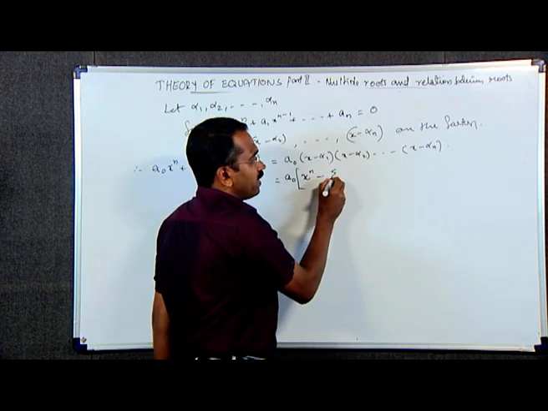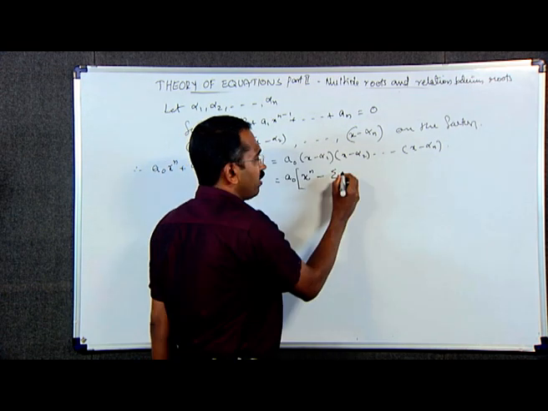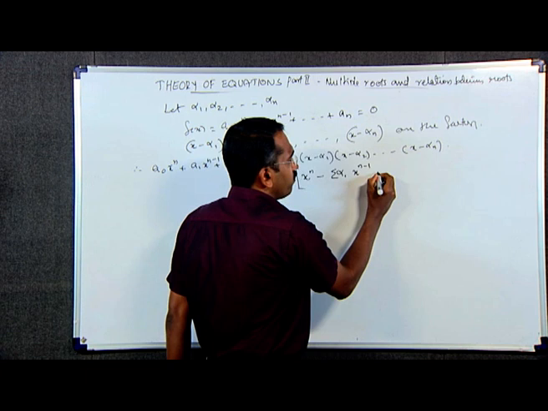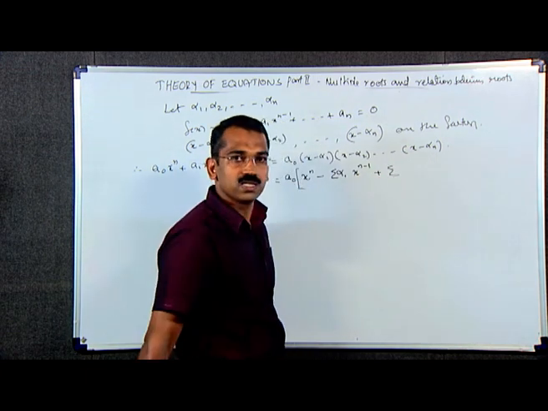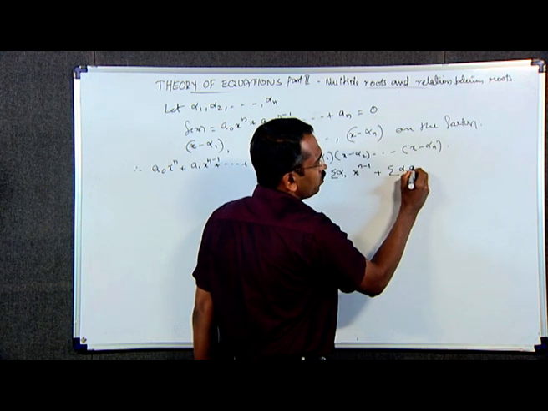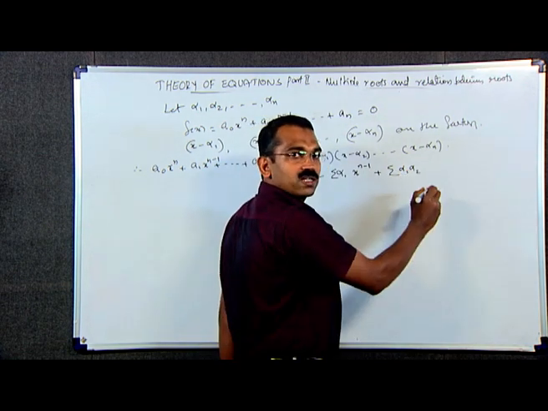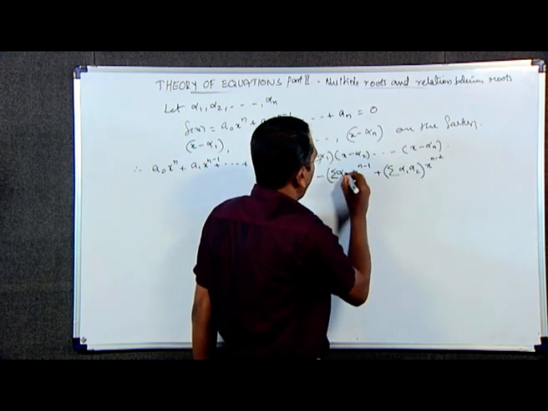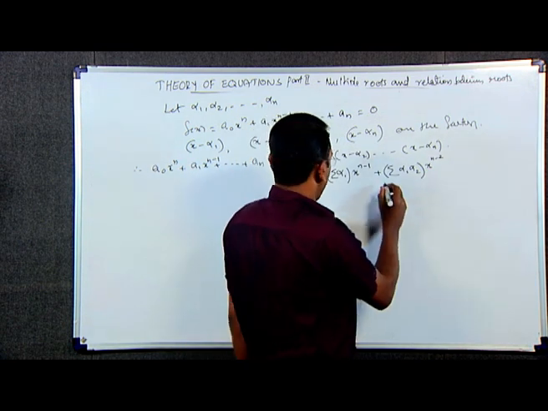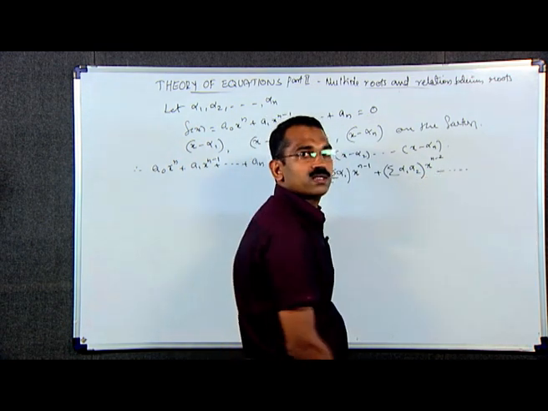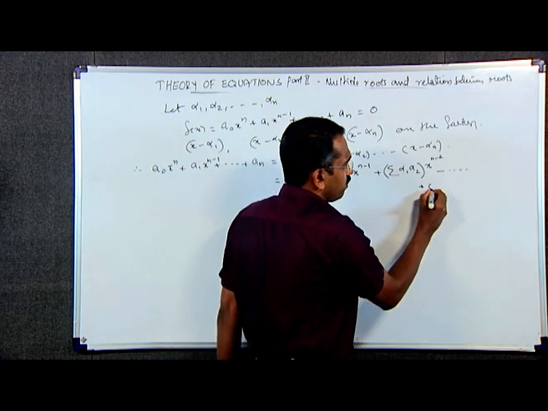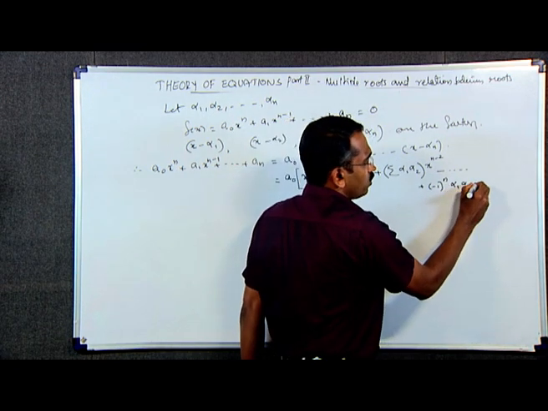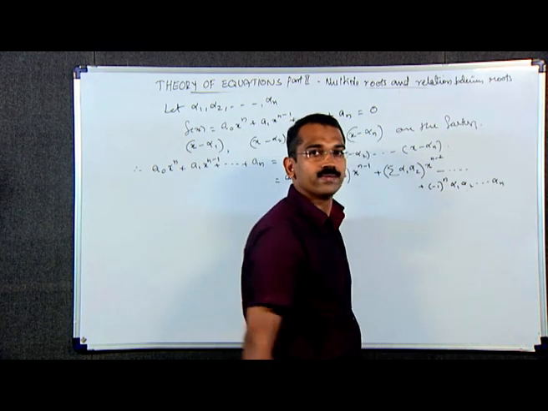minus summation alpha 1 into x raised to n minus 1, plus summation alpha 1 into alpha 2 into x raised to n minus 2, next is negative sign etc., plus minus 1 raised to n into alpha 1 alpha 2 into etc. alpha n.